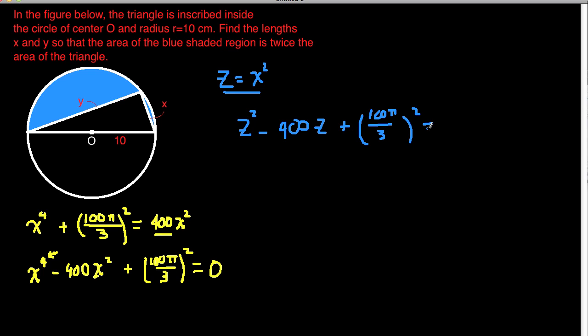Now this is not a fourth order polynomial anymore. It is a second order polynomial. And I know that at this point in time, you are studying how to solve equations like this in algebra. So you can solve this by completing the square.